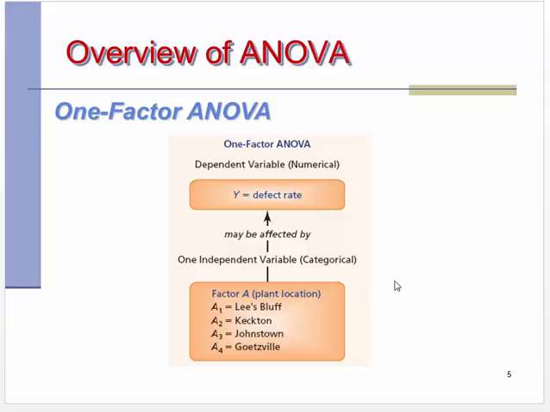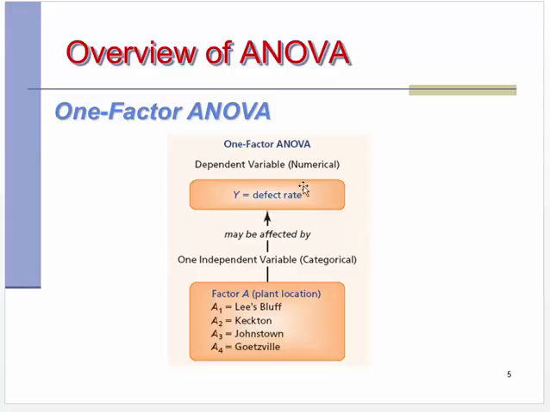Now, what about defect rate? Are the defect rates at each and every location the same? Or in other words, is one plant location doing better or worse than other plant locations?